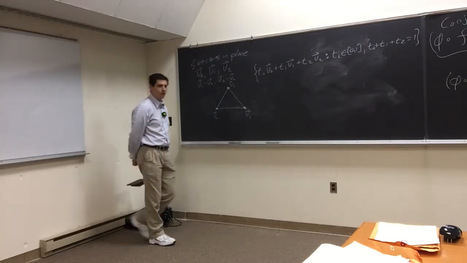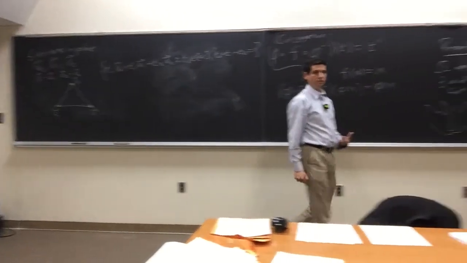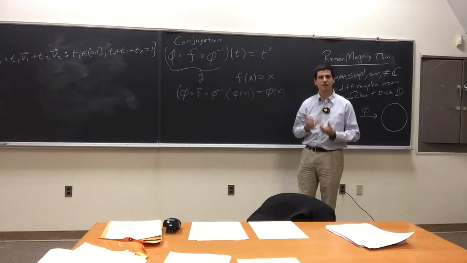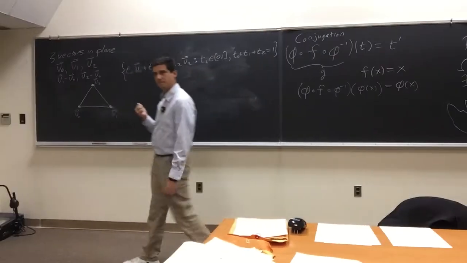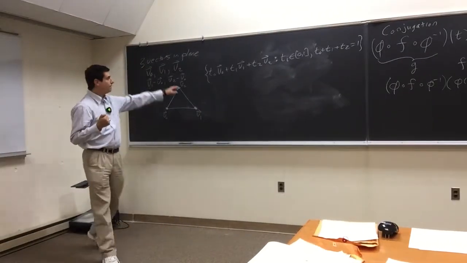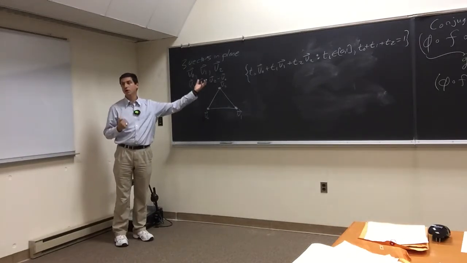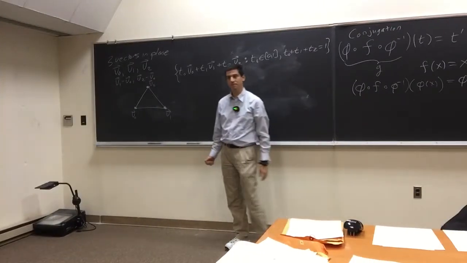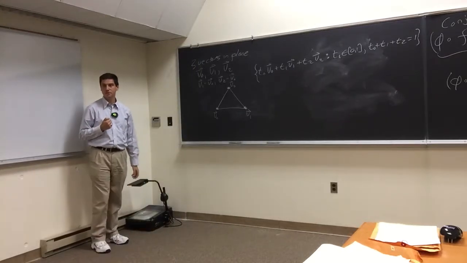So what I'm trying to do is represent points as a linear combination of v0, v1, v2. If you think about it in the plane, should I be using 3 vectors as a basis? Okay, 3 vectors as a basis is bad. They're linearly dependent. Do I have 3 independent variables in this space? No, I only have 2 because I have the condition t0 plus t1 plus t2 equals 1. Because of that condition, it really is a 2-dimensional space.